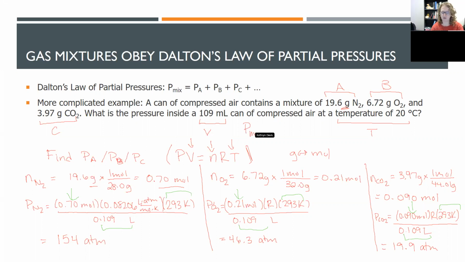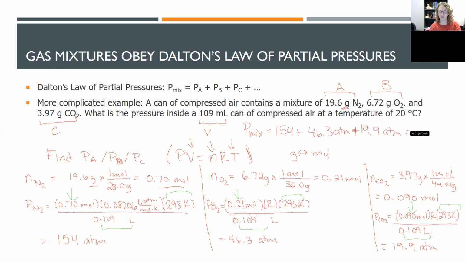So the mixture in the can is a pretty high pressure, isn't it? And that makes sense. This is a can of compressed air, like the kind you'd spray on your computer keyboard to clean it out or something like that. So it's very pressurized in there. Plus 19.9 atmosphere.